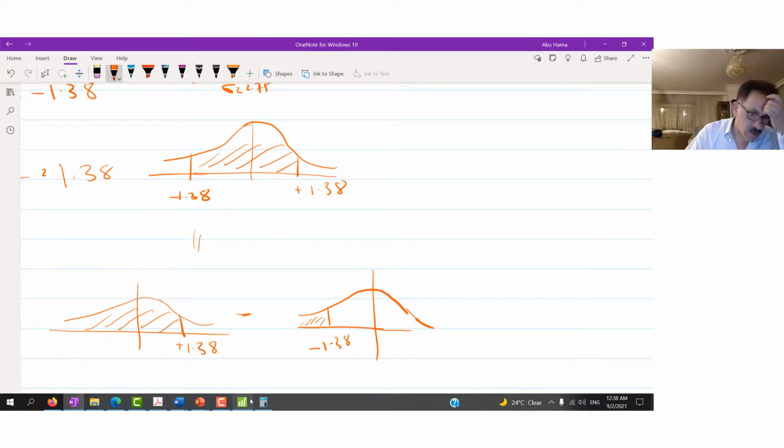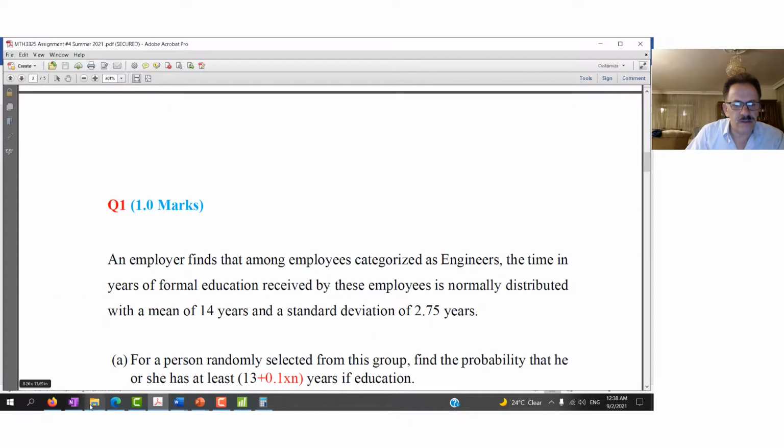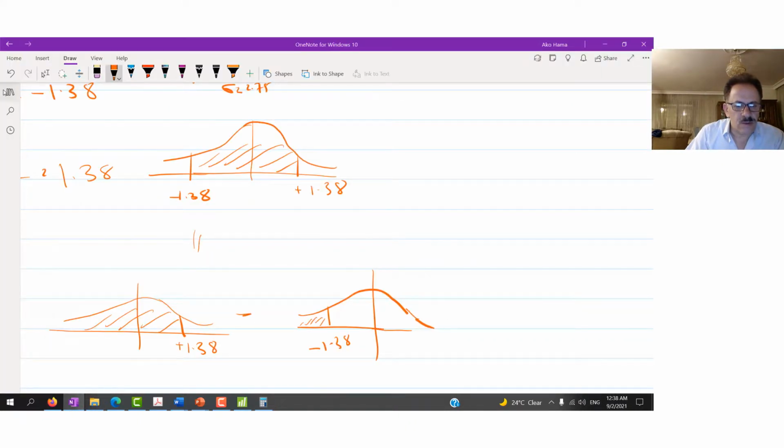So I have to use both tables, the right and the left, for 1.38.